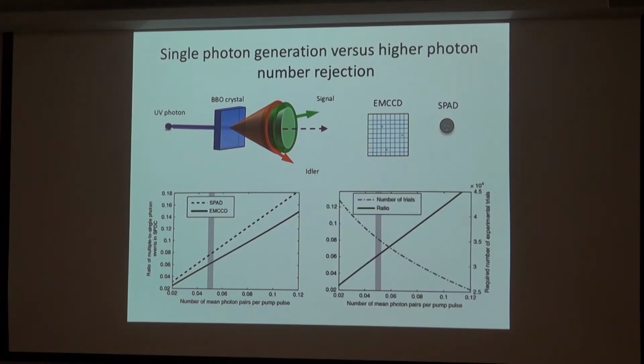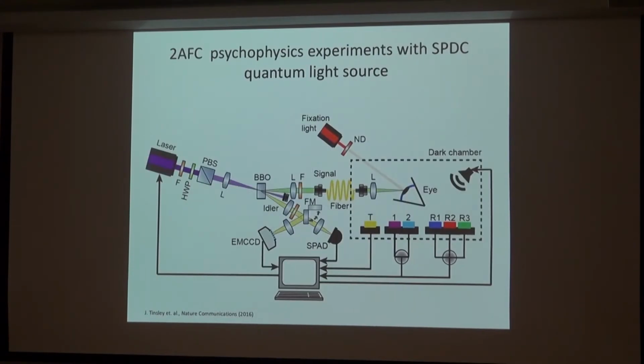The setup was very similar to what I was showing you before. We have just replaced the classical light source with the SPDC light source. We have the type 1 down conversion that was, again, fiber coupled and sent to the subject's eye. They were looking at the fixation light. For the idler arm, we had, again, sometimes a SPAD initially, but then during the experiments, an EMCCD detection.